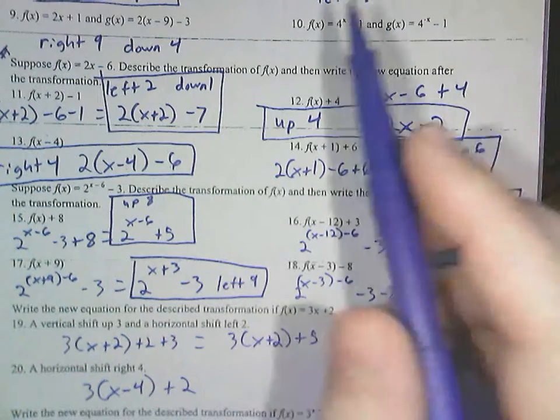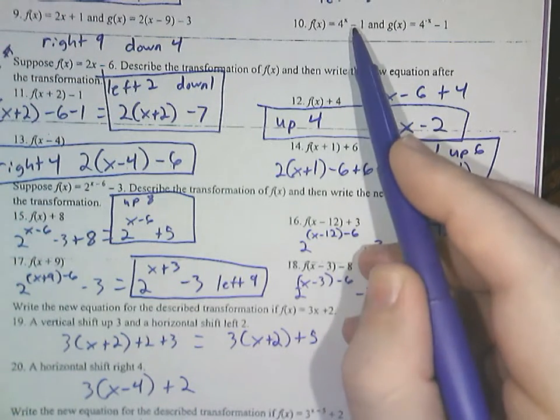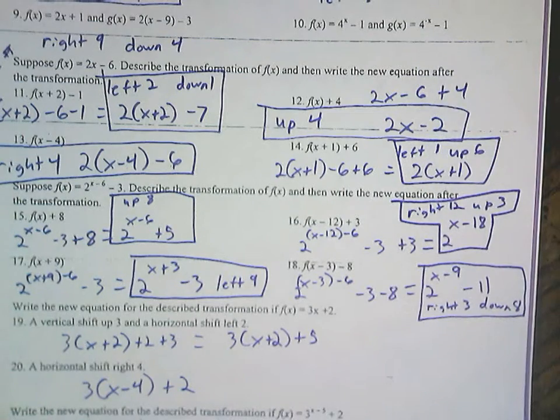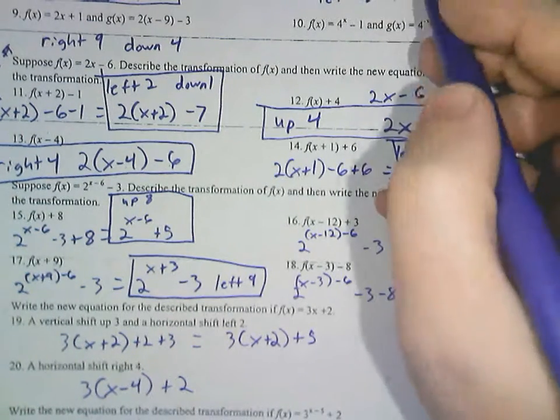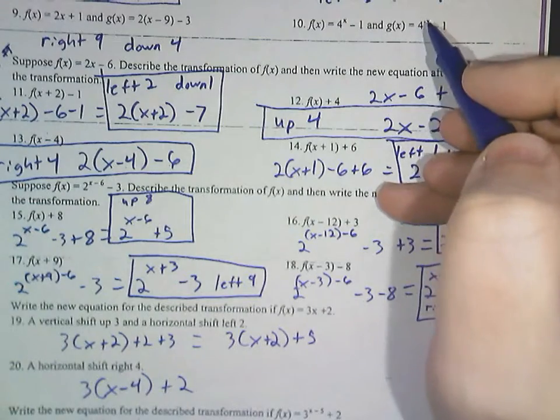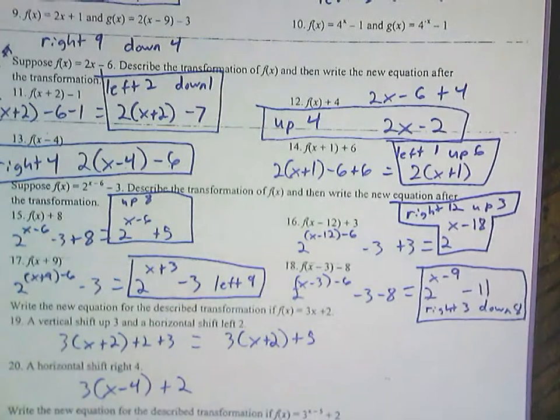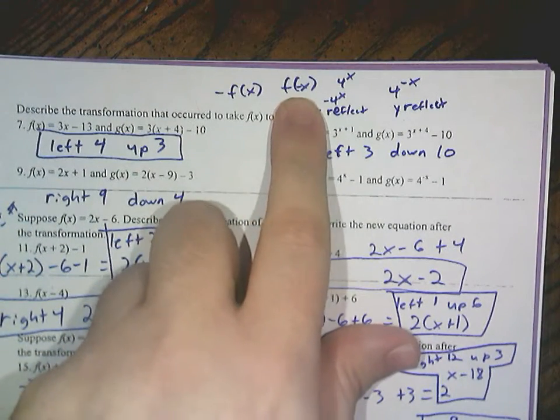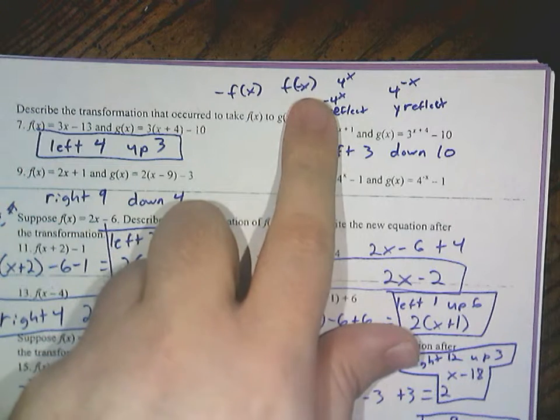Okay, last one was 4 to the x minus 1, and it became 4 to the negative x minus 1. So the only thing that changed is my x became negative. So again, this is going to be one of my reflections, right? Because all that I did, the only input, if I put it in function notation, would be f of negative x.